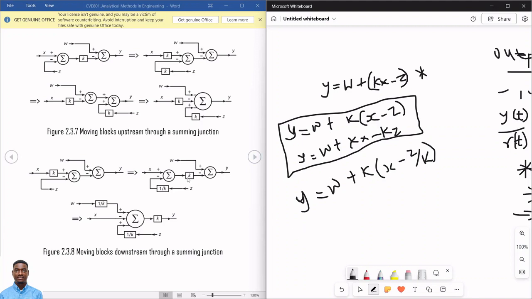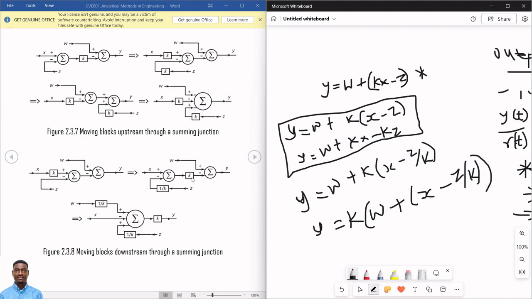So if I just move this k here, and I didn't repeat it again on any of the signal lines, this is what I'll be having. That'll be y is k into w plus x minus z over k.